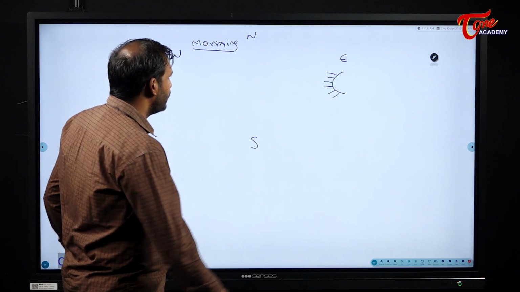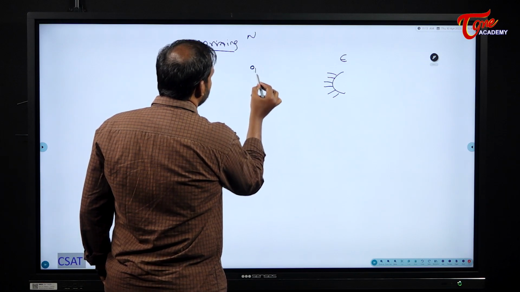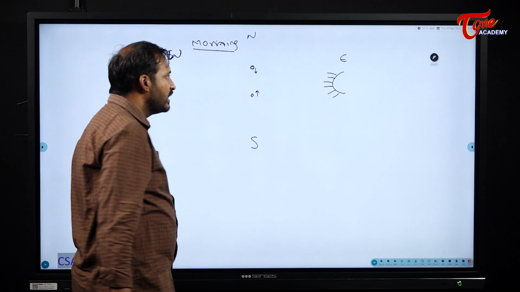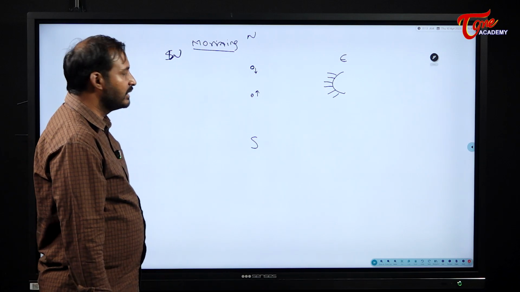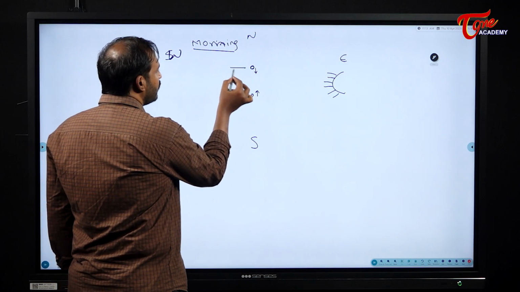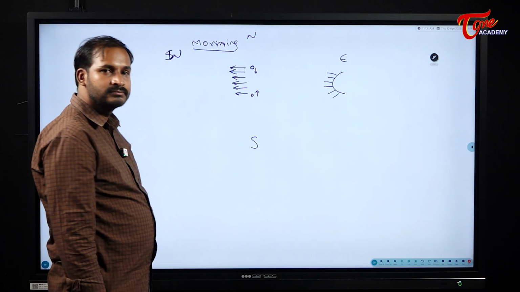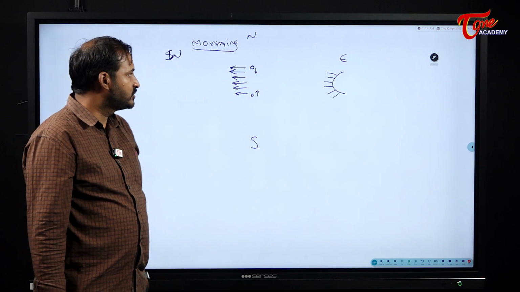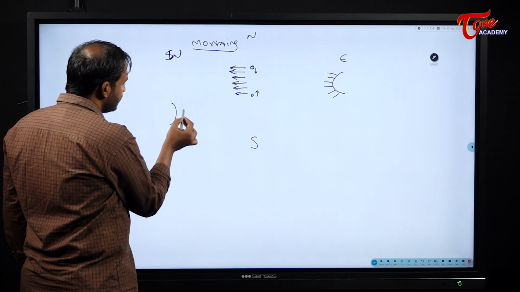Right? Now for example, assume that two persons are standing here and they are facing towards each other. Where will the shadows of these persons fall? Definitely it will fall in this direction, right? In this direction, definitely in this direction. Similarly, in the evening hours, where will my sun be?